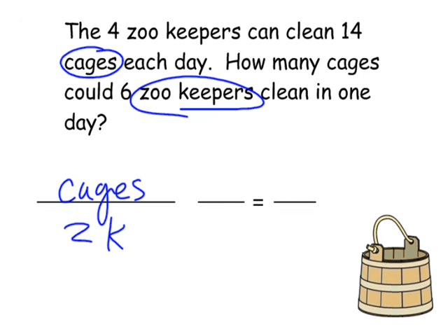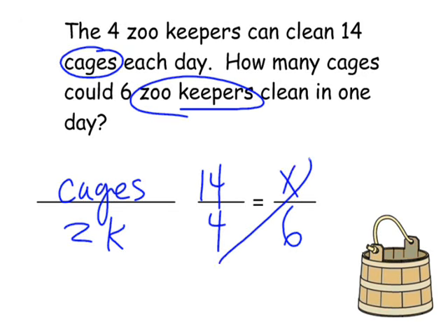All right, so the 4 zookeepers can clean 14 cages each day. How many cages could 6 zookeepers clean? So I could cross multiply, and I think I will on this one, even though I could use equivalent fractions.